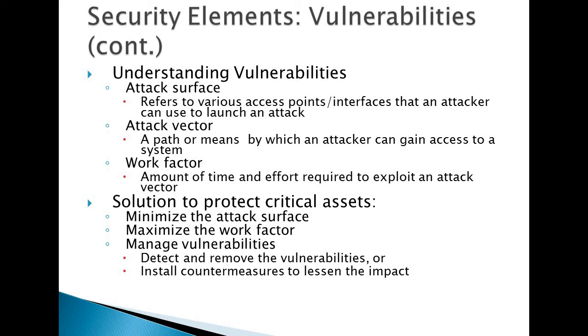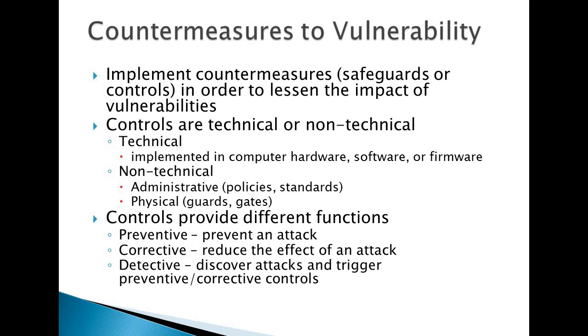You can manage the vulnerabilities in two ways: you can detect and remove the vulnerability, or you can install some countermeasure so that you can lessen the impact. Now, what do you mean by countermeasure? A countermeasure is a safeguard or control which is used to lessen the impact of a vulnerability.